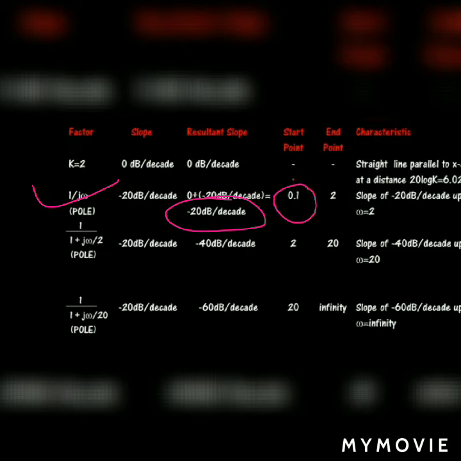Remember, for a pole, add minus 20 decibel per decade. It always starts from 0.1, so in your semilog sheet, the starting frequency we take as 0.1. Then this 0.1 to the end point is 2, which is nothing but your first corner frequency omega c1.